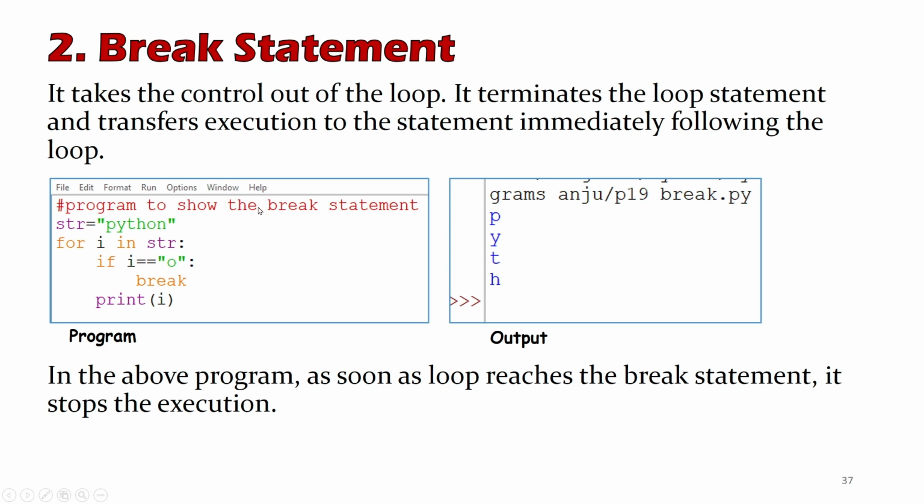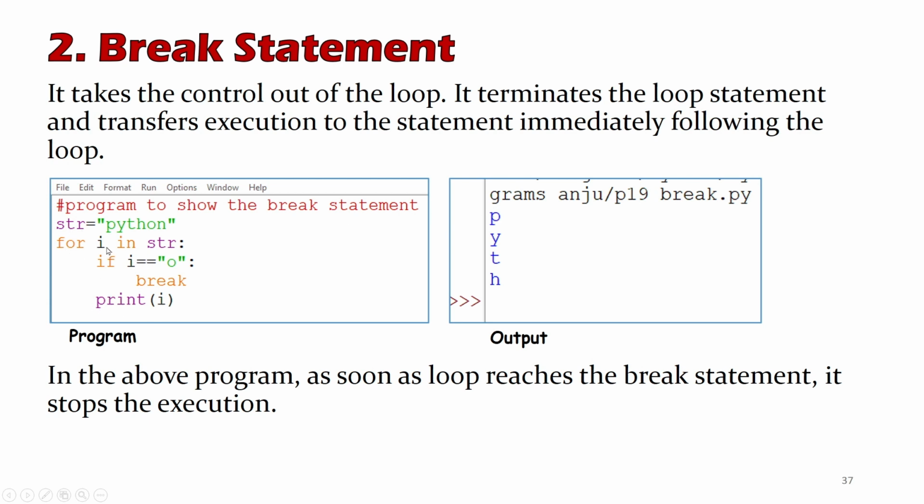So the program to show the break statement: in str I have taken Python. For i in str means in i each character will go one by one. If i is equal to o, then it will break and then it will come out of the loop and print i. This is only the if part, and then it will print i.